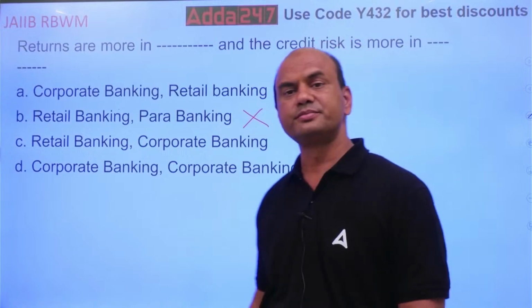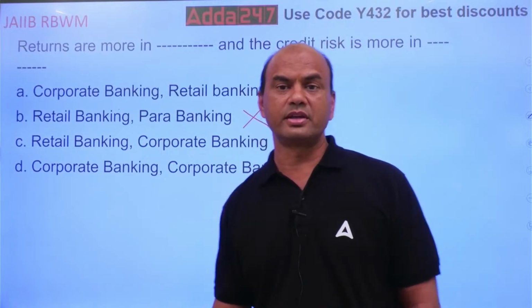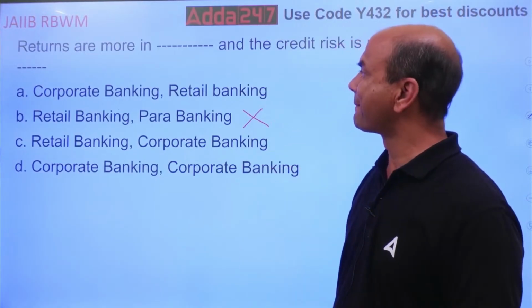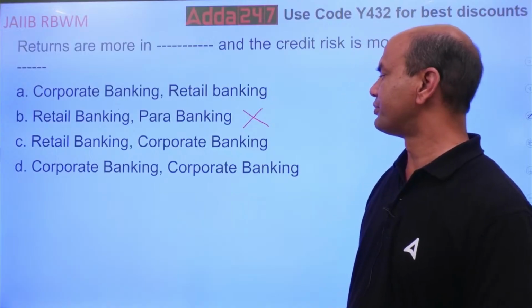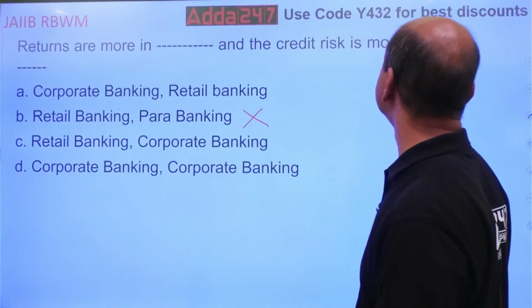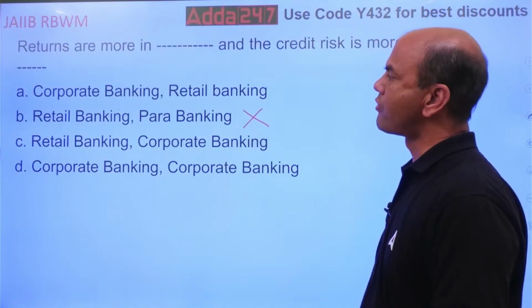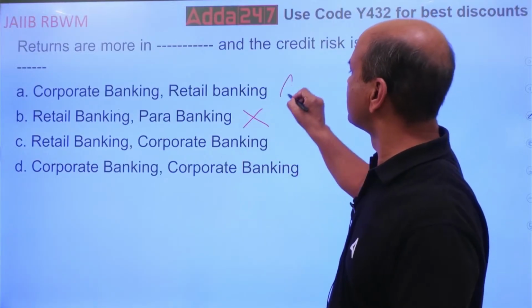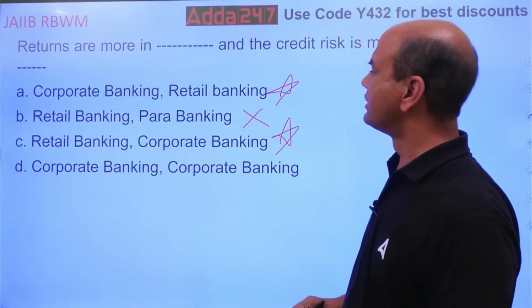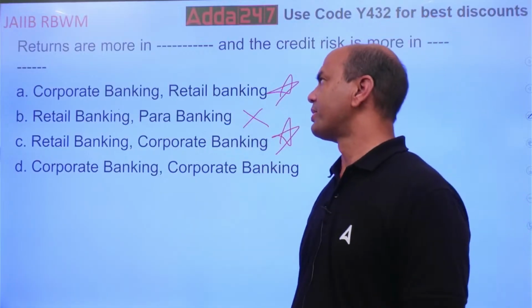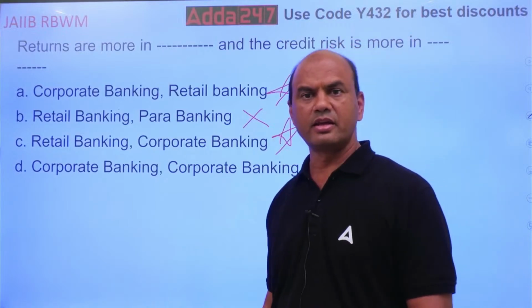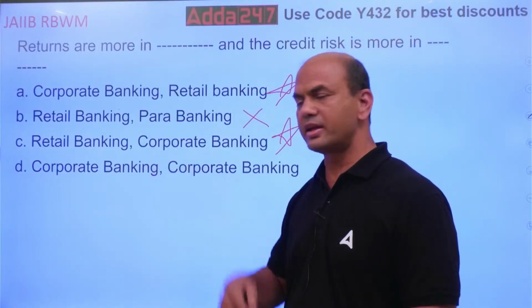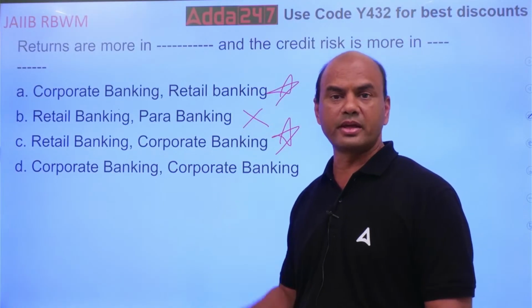So what is the answer? Think over it, everyone. What is the answer? See here, always I'll tell you the confusing options over here will be A, C and D. Even D I would say credit risk is more, returns are more. Yeah. A and C. Chalo. Let's give you the hint. Between A and C, what is true? Returns are more in corporate banking and credit risk is more in retail banking, or returns are more in retail banking and credit risk is more in corporate banking.